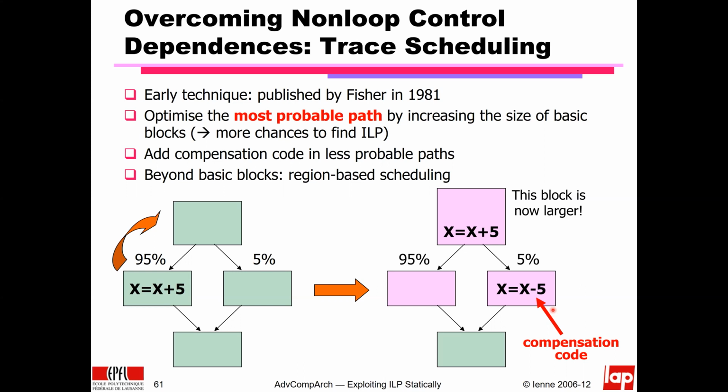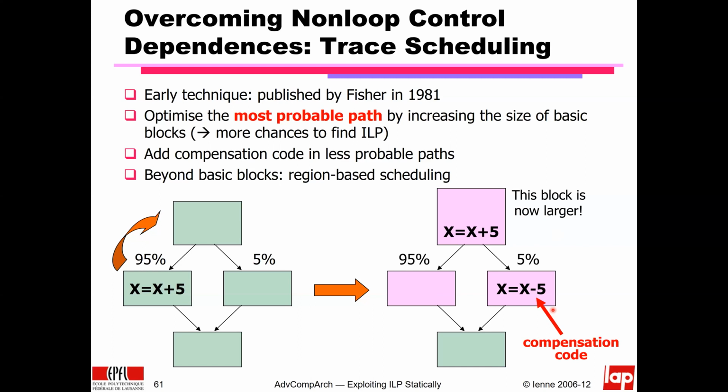It achieves the same result as prediction and speculation, where prediction is someone telling me about this 95% and 5%, because otherwise I have no idea. Once I have this prediction, I do speculation by modifying my code statically, giving the machine code that, if the prediction was correct, will be more efficient.